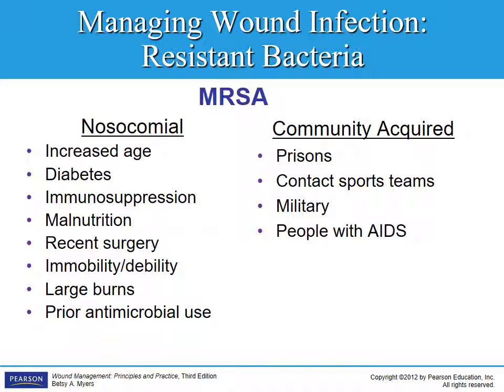There's been a lot of publicity about it occurring in high school locker rooms because, again, the cleanliness is not always as good as it should be, and it gives this bacteria room to grow, and then it spreads amongst the population because they're so close to each other.